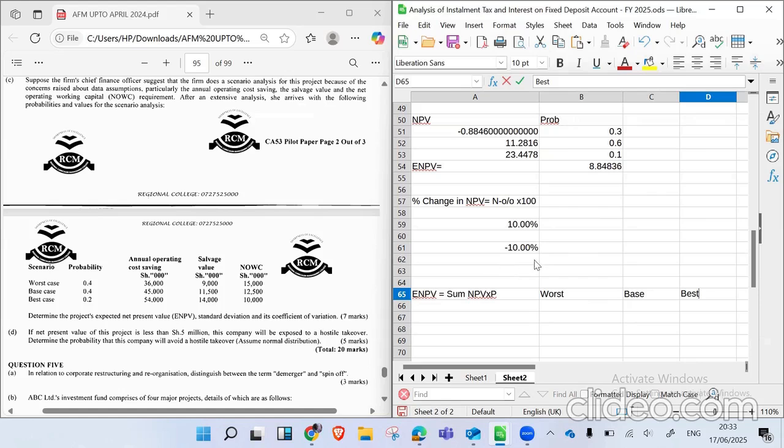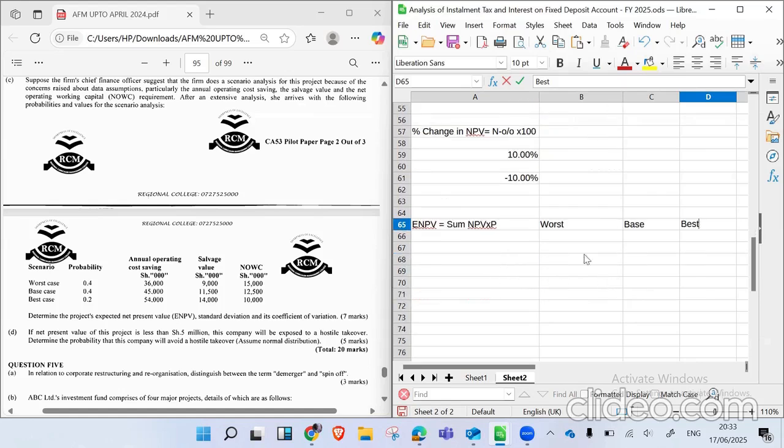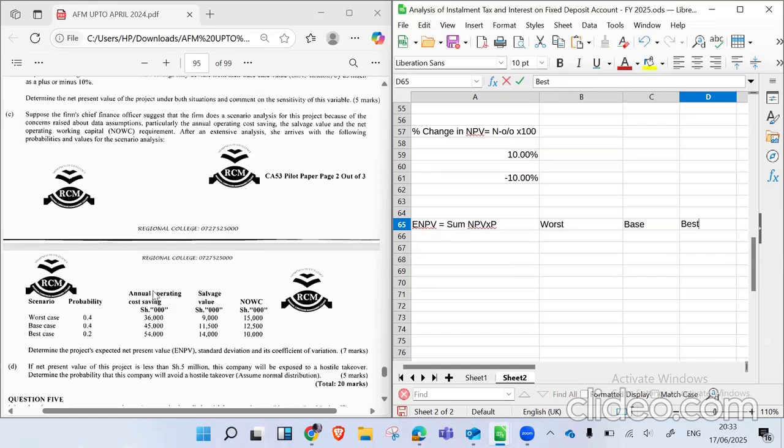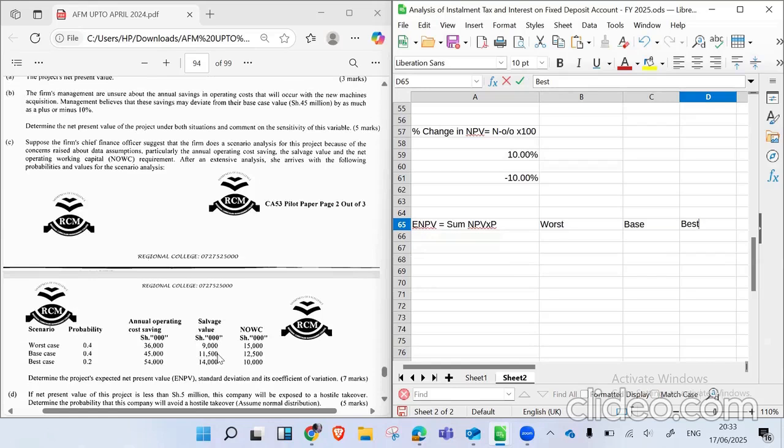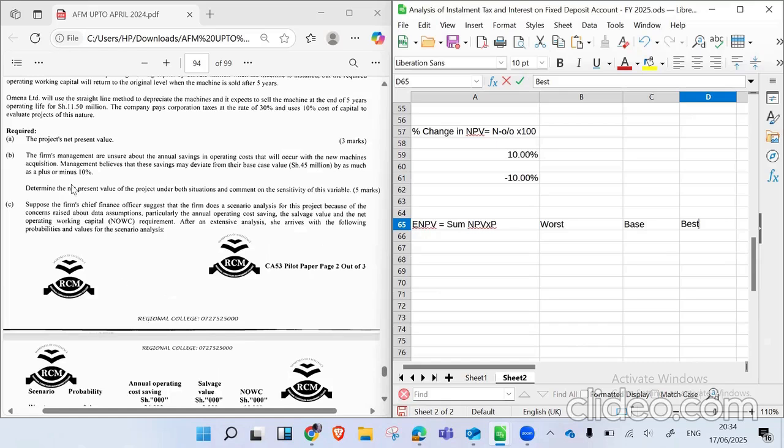You find the initial outlay, annual net cash flows, terminal cash flows, and you get the NPV. Just to help you, looking at the base case, operating cost saving is 45 million, salvage value is 11.5 million, working capital is 12.5 million.